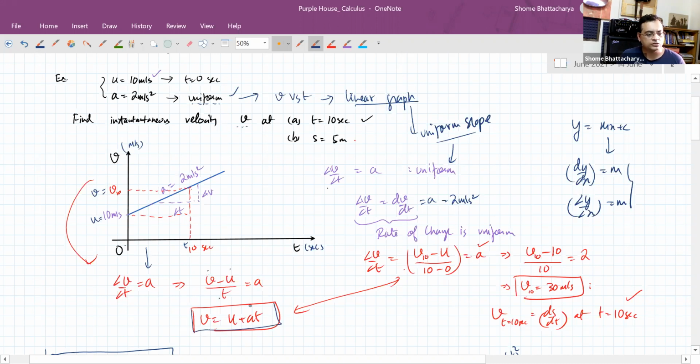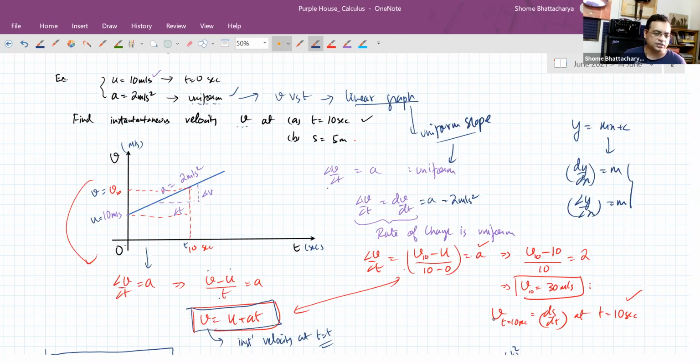That shows us the logic of this formula, and that v is nothing but the instantaneous velocity at the instant t equal to t. So yes, the formula we developed in 9th, 10th, v equal to u plus at, is indeed the formula for instantaneous velocity at a particular time, because the graph is showing us the same.